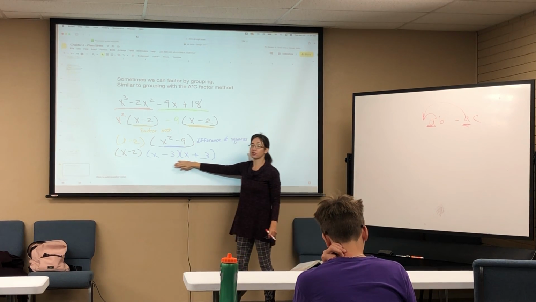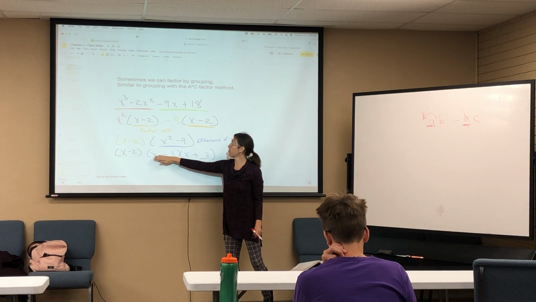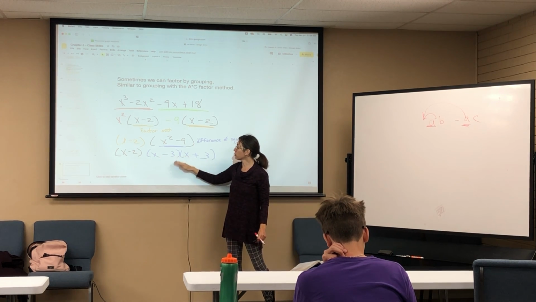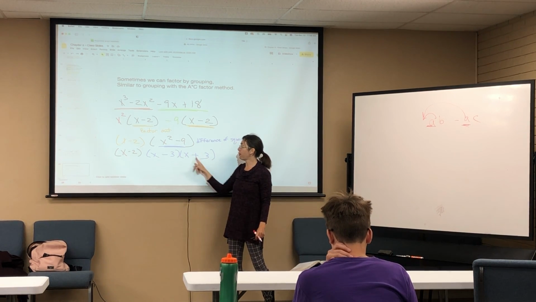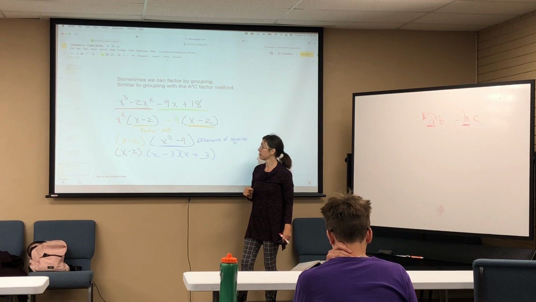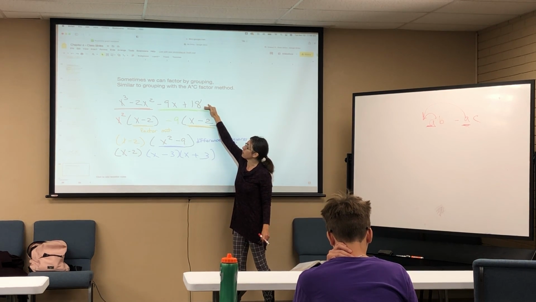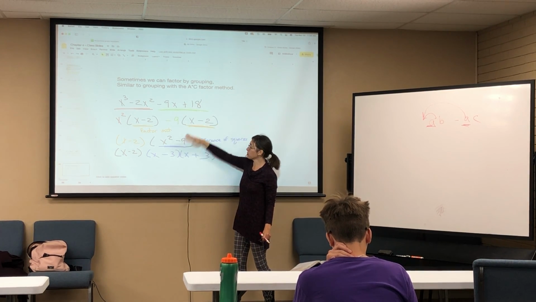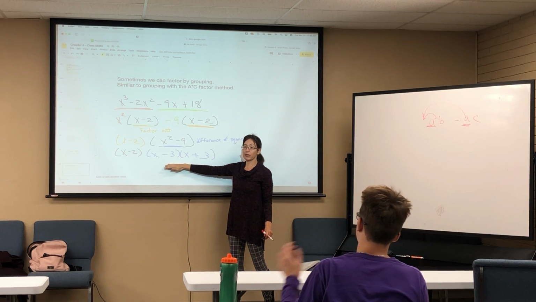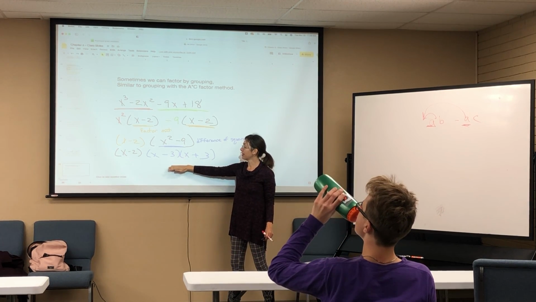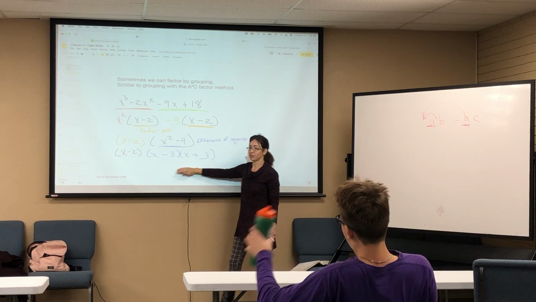Right? I know how to factor a difference of squares. So the square root of the first term, the square root of the last term, and both of them have opposite signs. So we've gone from a polynomial with 4 terms to 3 sets of factors, and this gives us answers, right?